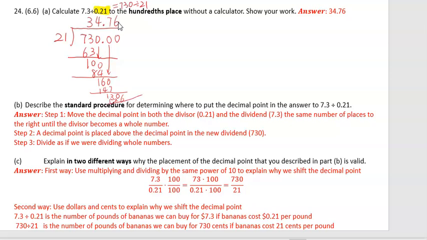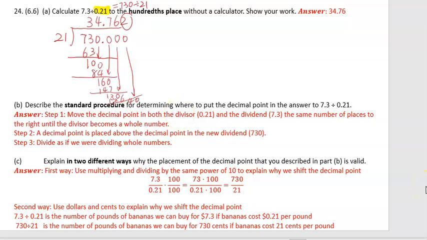The subtraction gives us 4 remainder. 21 goes into 40 2 times. Because this digit is less than 5, we are not going to round up, so we get 34.76.